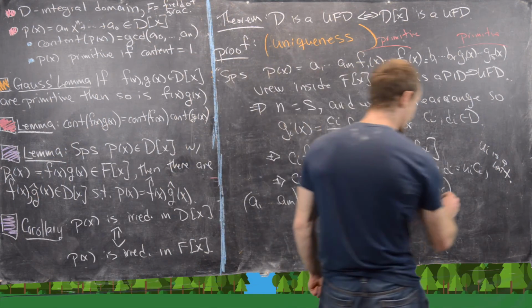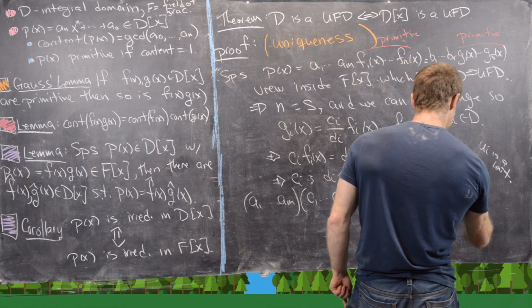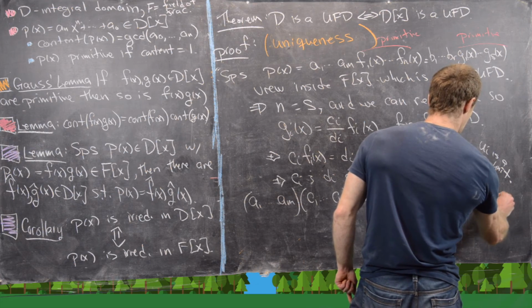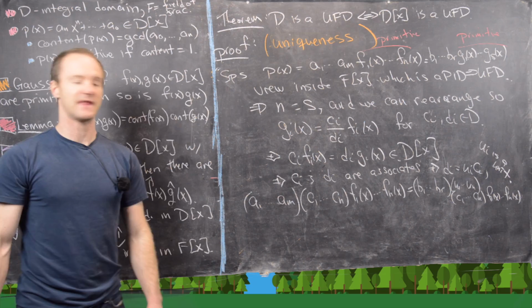So in other words, we have u_1 all the way up to u_n, and then c_1 all the way up to c_n, f_1 of x all the way up to f_n of x. Okay, so we've got that.